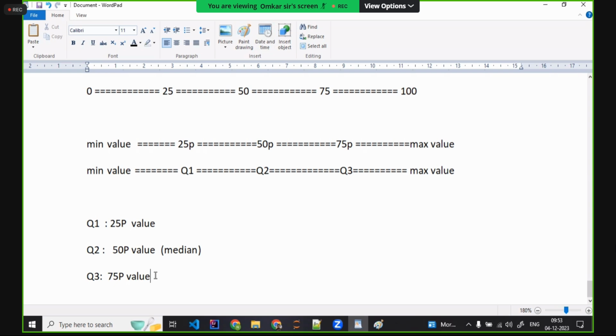There is no 100 concept at all in statistics. Remember that. 100 percentile means what are you saying? 100% of data less than what?